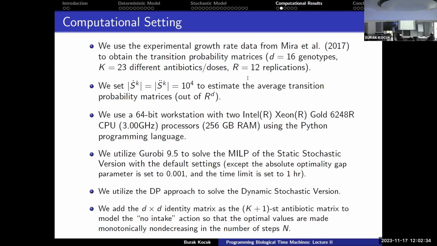By the way, it's still possible to use identity matrix in the static problem, which is very interesting. So in the paper we have an example. It's online in bioRxiv, right? You can check it. So we have nice figures. Even in the static problem, sometimes it makes sense to use identity matrix. Just a little bit complicated.